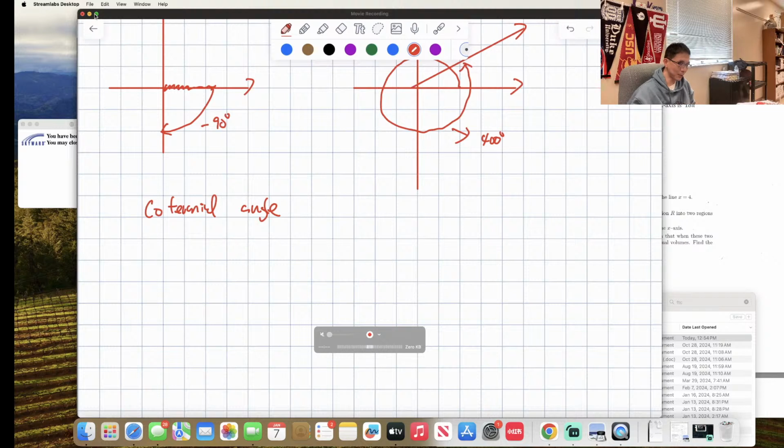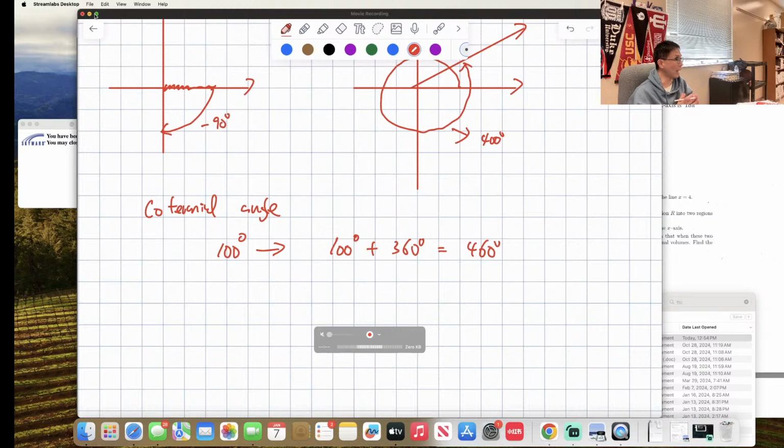So if today I have 100 degrees, the coterminal angle is going to face the exact same location as 100 degrees. That means I can take 100 degrees plus 360, which equals 460.